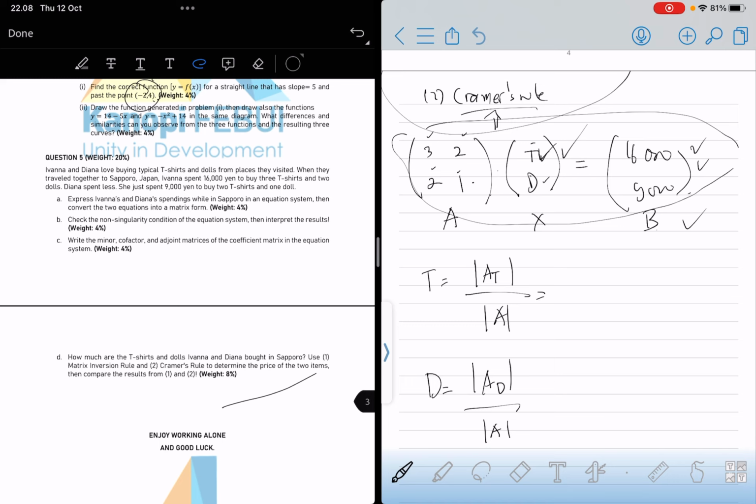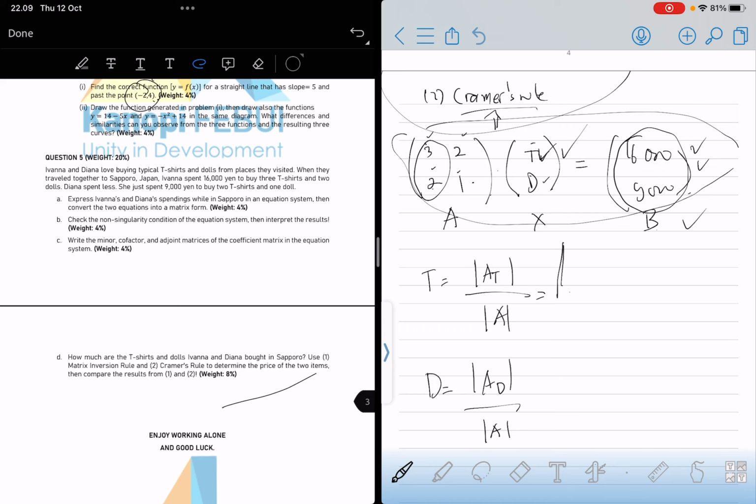So what is the determinant of AT? The determinant of AT, because T is in here, we should change 3 and 2 by this one, by the product.